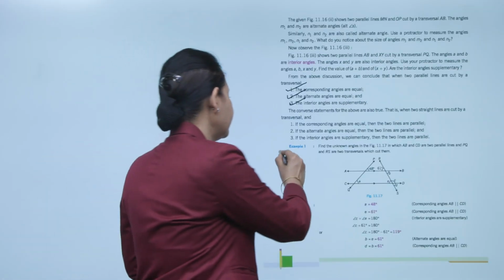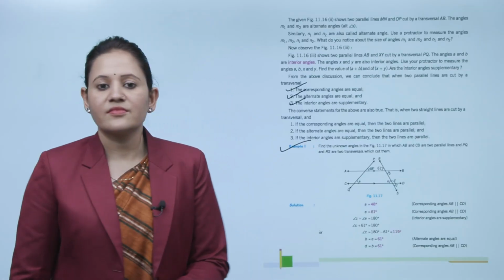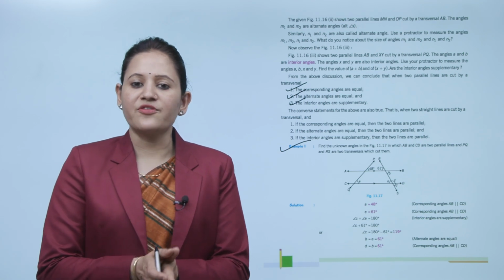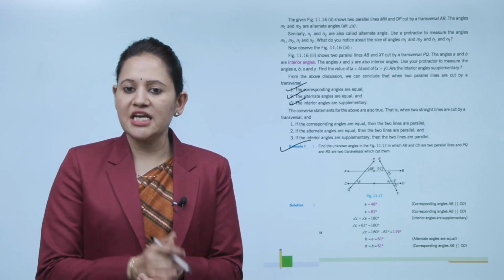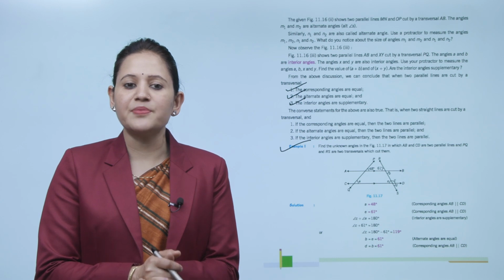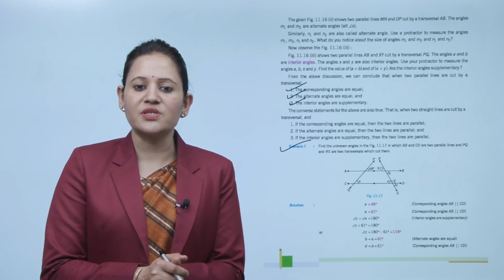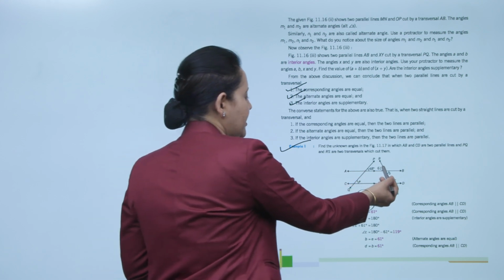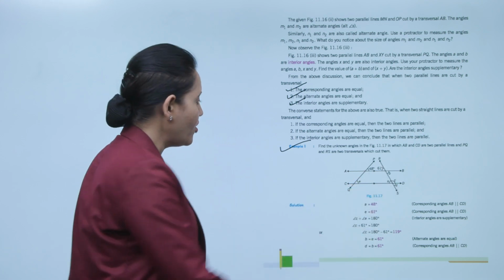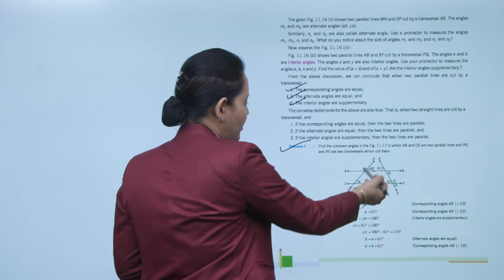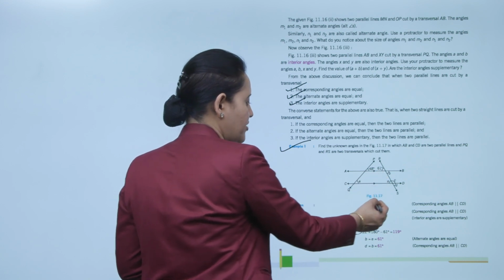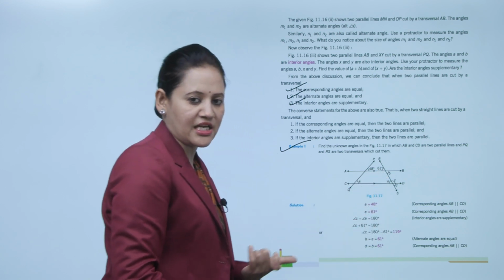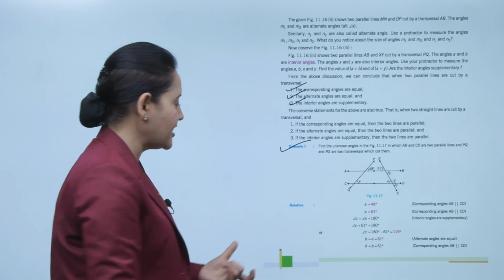Now we will take an example. Find the unknown angles in figure 11.17 in which AB and CD are two parallel lines and PQ and RS are the two transversals which cut them. So here two angles are given, 48 degrees and 61 degrees. So the corresponding angle will be angle A. So it will be 48 degrees because if lines are parallel, corresponding angles are equal.